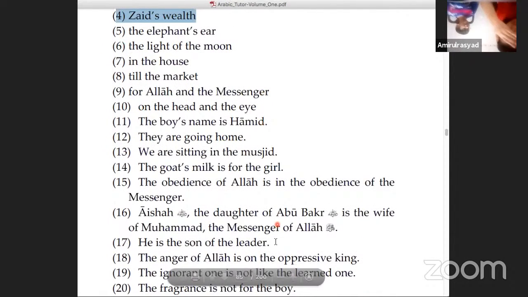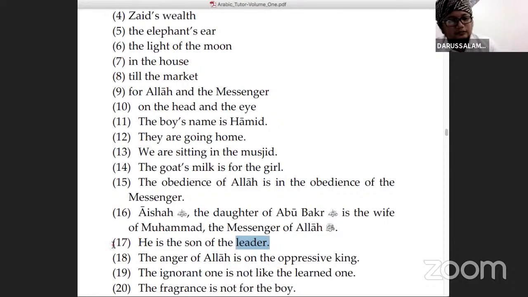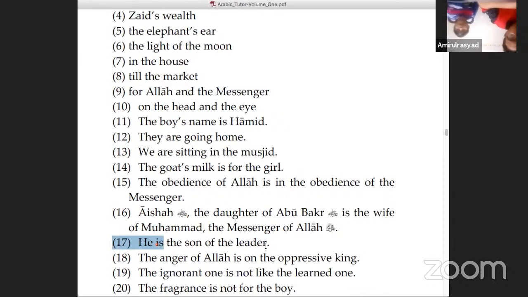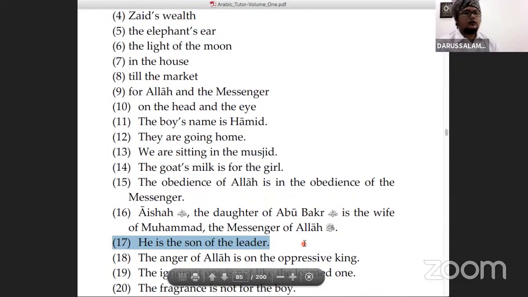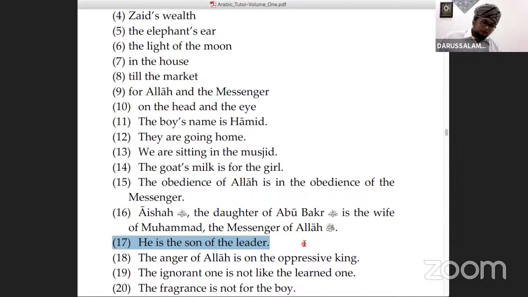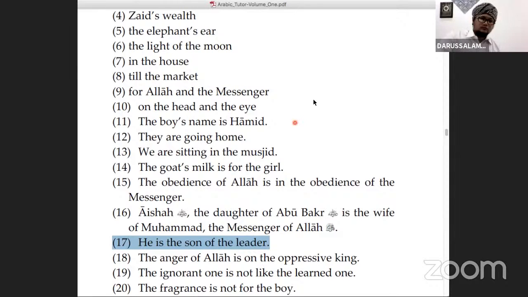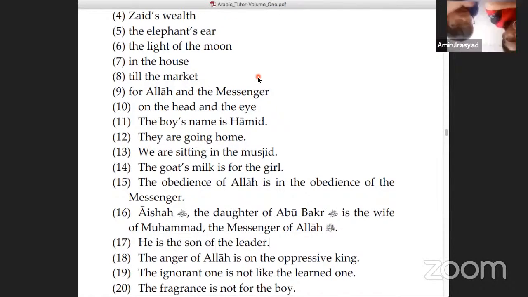Okay, try this one. Number 17. Leader. Translate that. He is the son of the leader. Huwa waladul amri.